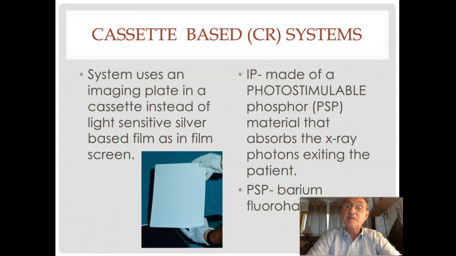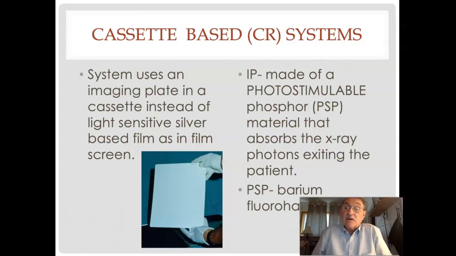And this photostimulable phosphor absorbs the X-ray photons exiting the patient. Some of them will interact with the phosphor and become light, and some of them will just be absorbed as electrons, and based on a chemical process, based on an ionization process, those will be captured, and that becomes our latent image. So the elemental constituent is barium fluorohalide, and that's what is used in the photostimulable phosphor plate.